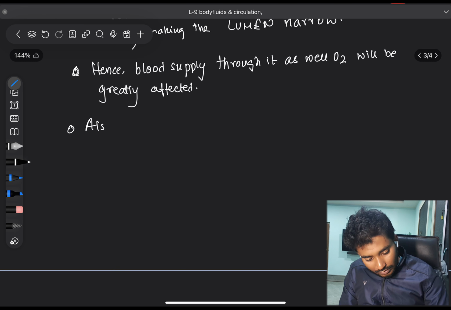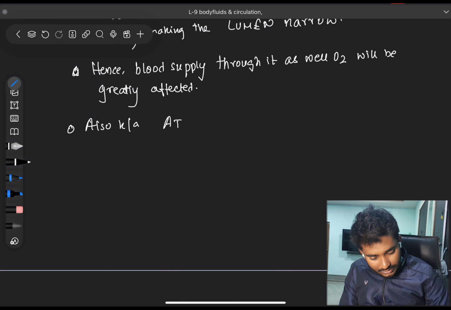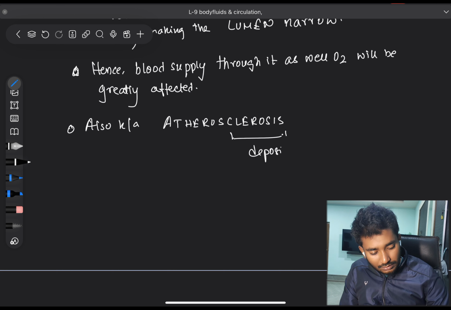Okay, this is also known as atherosclerosis. That is the deposition.